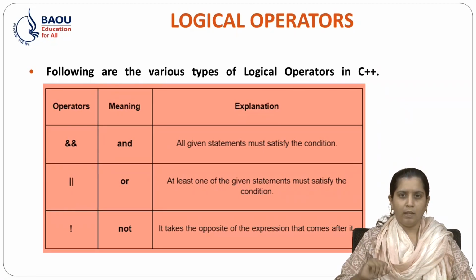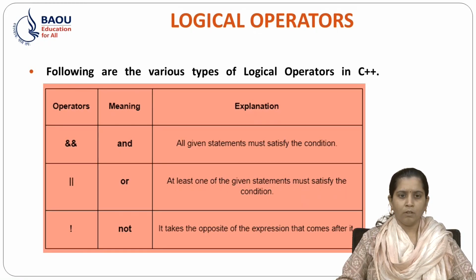If both the operands do not satisfy the condition, then it will return a false value or 0 value. Logical NOT operator. Logical NOT operator is a unary operator, that is, it requires only one operand to work upon.